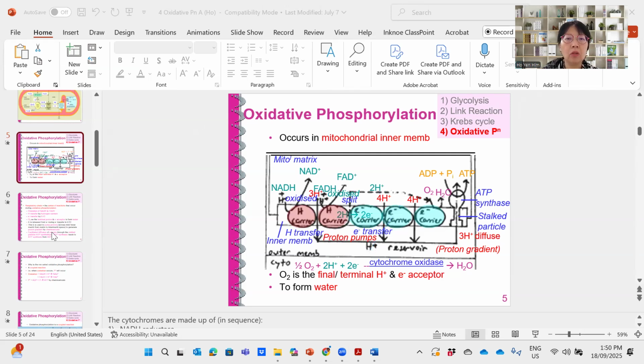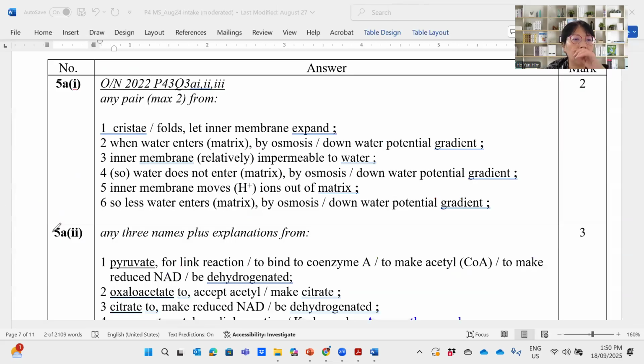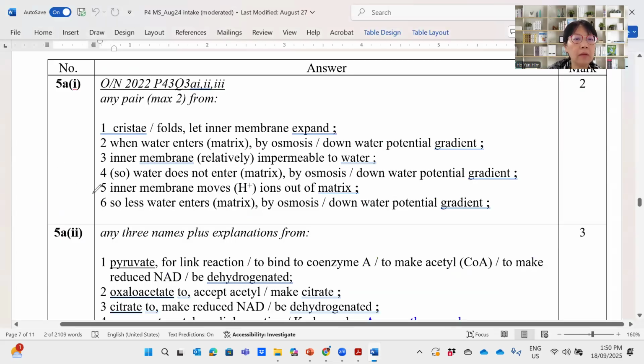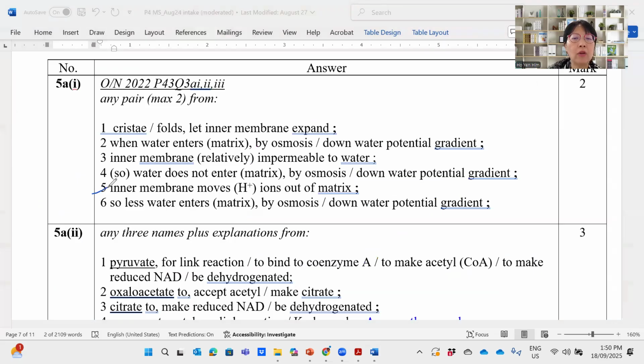Okay, so hence the mark scheme answer here says that inner membrane moves the ions out of the matrix so that less water can enter by osmosis down water potential gradient. So it's actually decreasing the gradient for water to enter, right?